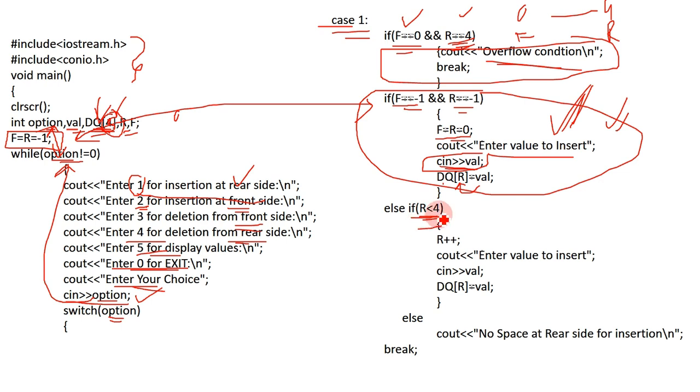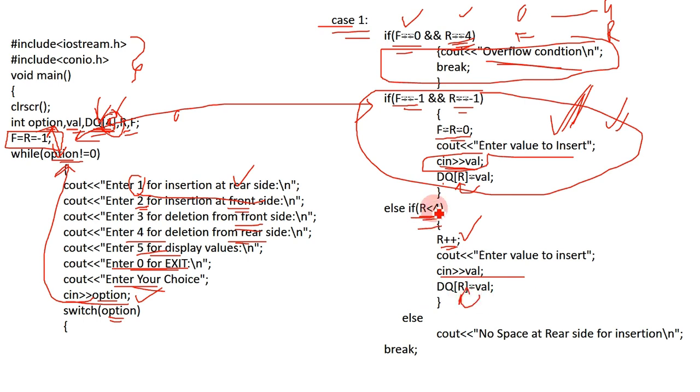If rear is less than 4, it means rear is 3, 2, 1, 0. It means you want to insert values not for the first time but for the second, third, fourth and fifth time. So you have to increment the rear and assign that value to the rear. This is the normal case.